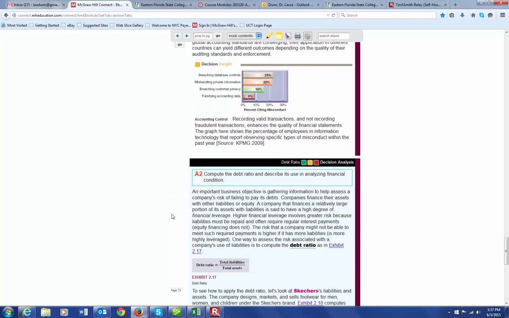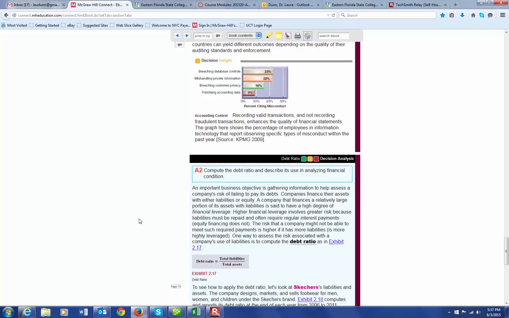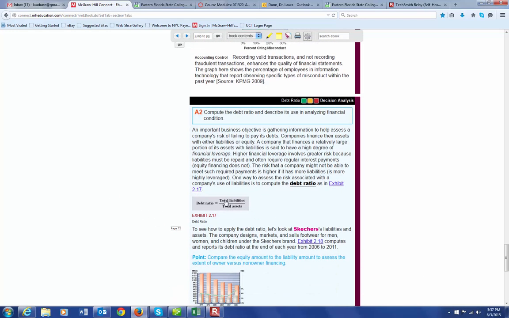There's some other information here at the end of this chapter that you can read. Another thing that you should take note of here is how to compute a debt ratio, because we will be using that in some of the homework and calculations. But it's relatively simple. Debt ratio is calculated by taking your total liabilities and dividing it by your total assets.